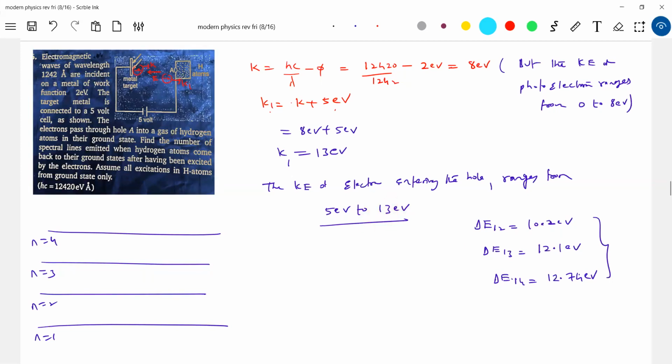Or it will absorb how much is needed: an electron coming with 12 electron volt, it will absorb 10.2 and the electron will take the remaining and go back. Is it like that, or will the hydrogen gas interact with only those electrons which have these energies? Anybody wants to answer?